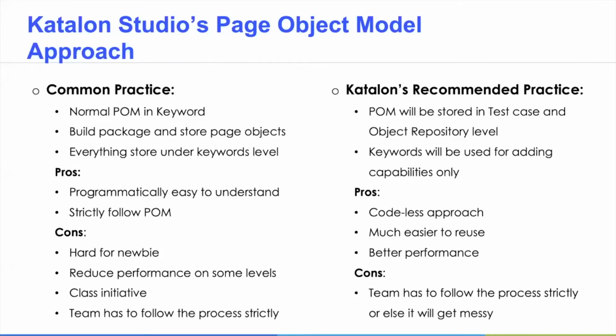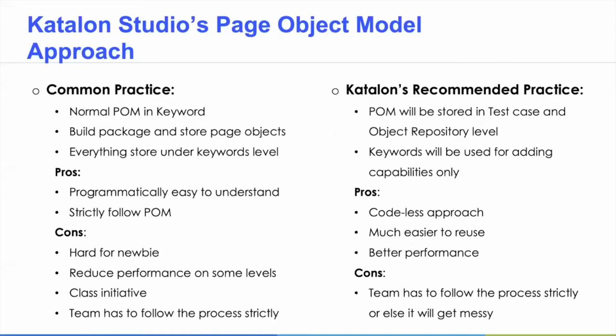You might know the part we call custom keywords. A lot of people apply the page object model inside custom keywords, so they build the page classes and store everything under the keywords level.